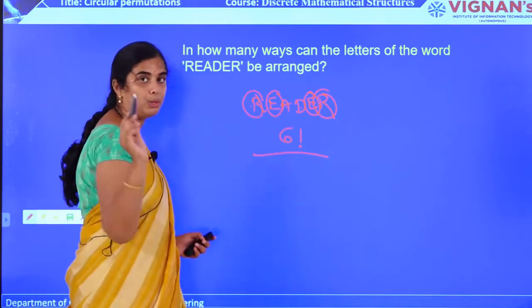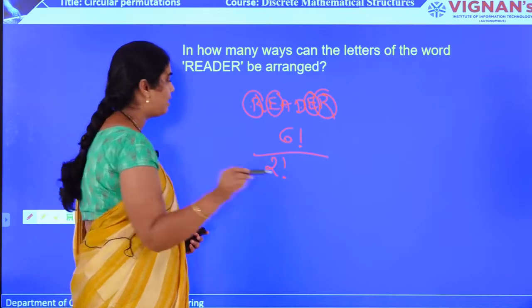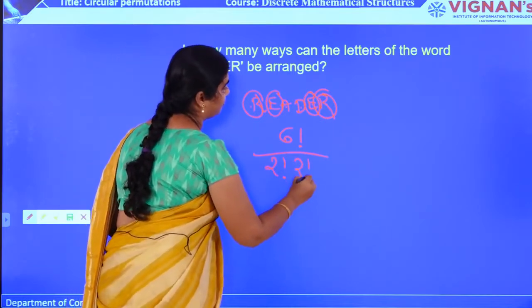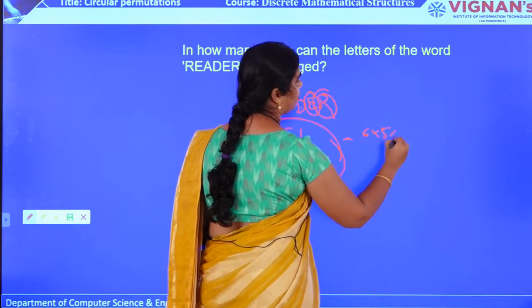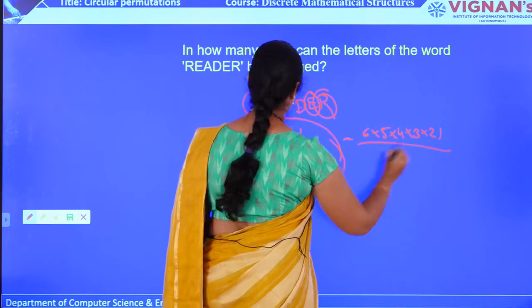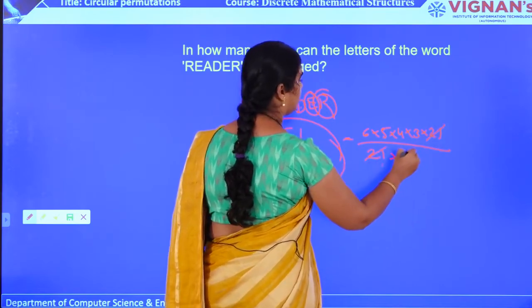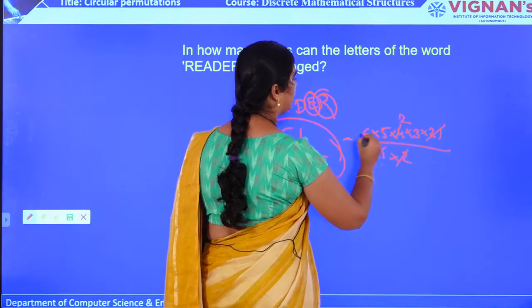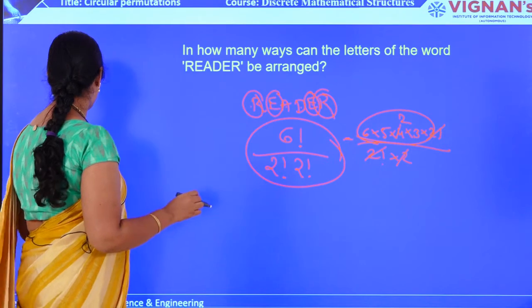As R is repeated twice, it will be 2 factorial. As E is repeated twice, it will be 2 factorial. So 6 factorial means 6 into 5 into 4 into 3 into 2 factorial, divided by 2 factorial into 2 factorial. The 2 factorial gets cancelled, and this 2 will also get cancelled. If you solve this, you will get the number of arrangements that can be made for reader.